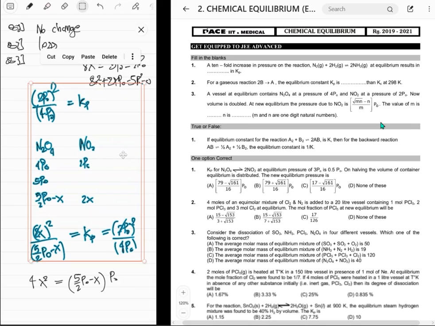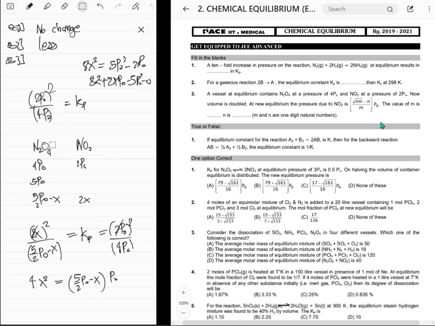So what do you want to find? You just want to find what that thing is. Okay, so x upon P naught is minus b, that is minus 2, plus minus square root of b squared minus 4ac, so actually plus 4 into 5 into 8, upon 2 times 8. So it's like 16. That's going to be negative 1 plus minus square root of 1 plus 5 into 8, which is 41, upon 4, I think.